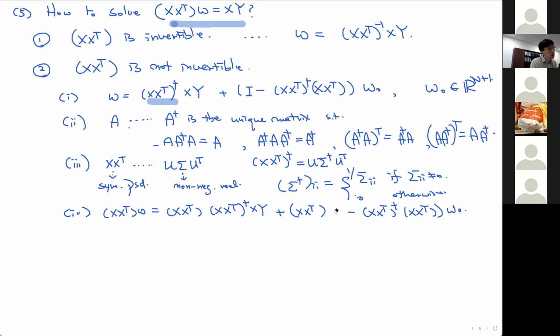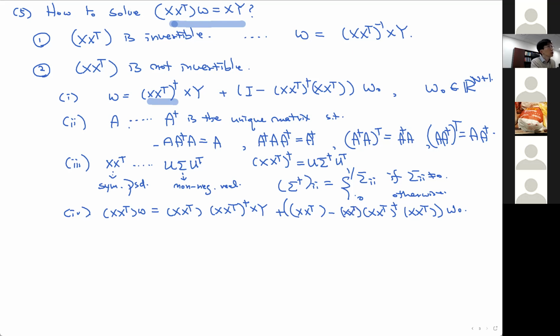Then we can simplify the second term a little bit. The X X transpose times the identity matrix is just X X transpose. And then the other term will be X X transpose dagger X X transpose.